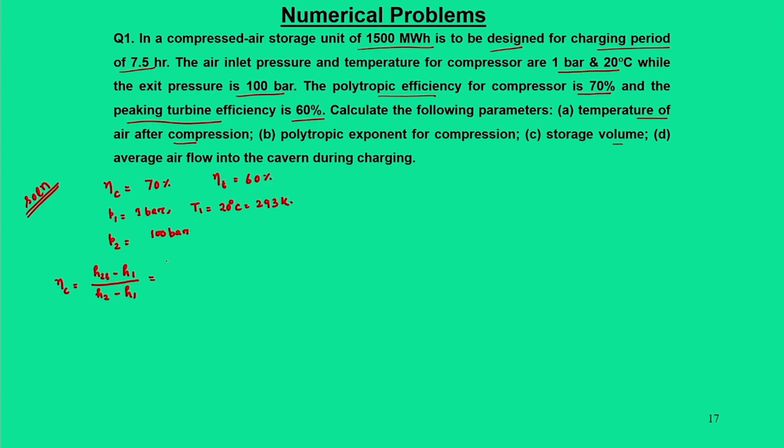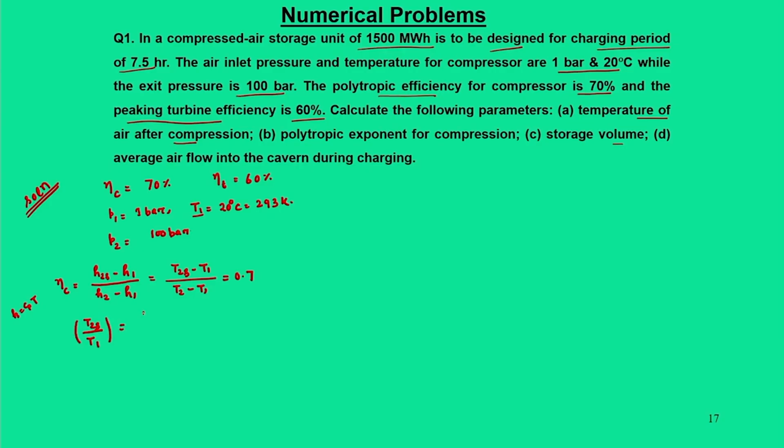Since the working medium is air, Cp gets cancelled, so H becomes Cp times T. This equation is now reduced to T2S minus T1 divided by T2 minus T1, and that value is 0.7. Here the known condition is T1. Now, T2S can be calculated by using the isentropic relation.